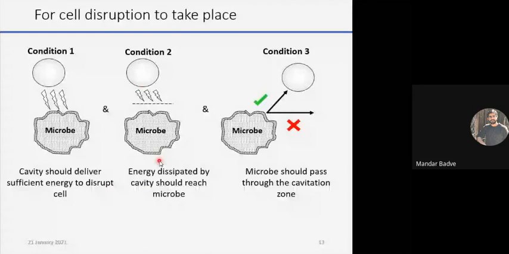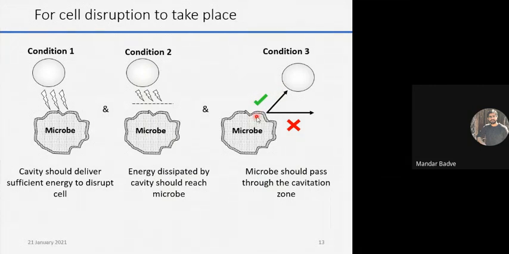For example, if your cavity is too far away from your microbe or particle, then as the energy travels further, it will dissipate eventually. So the energy dissipated by the cavity should reach the microbe, which means both should be in the vicinity, and the microbe should pass through the cavitation zone, which is the same thing: they should be in very close contact with each other.